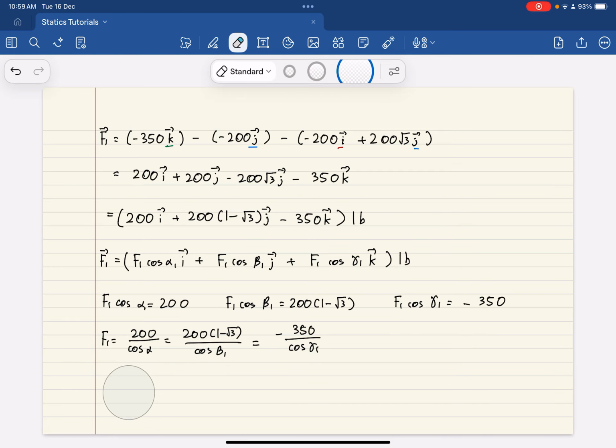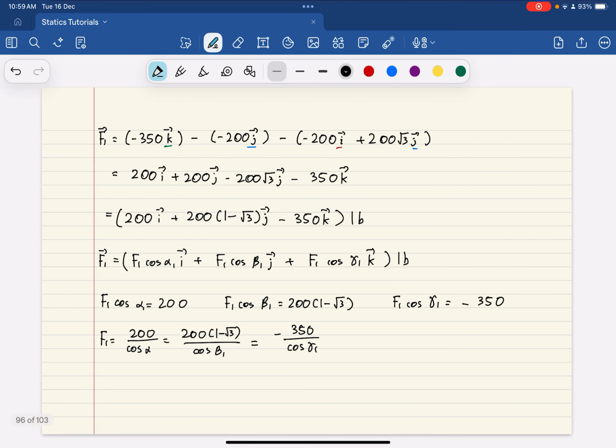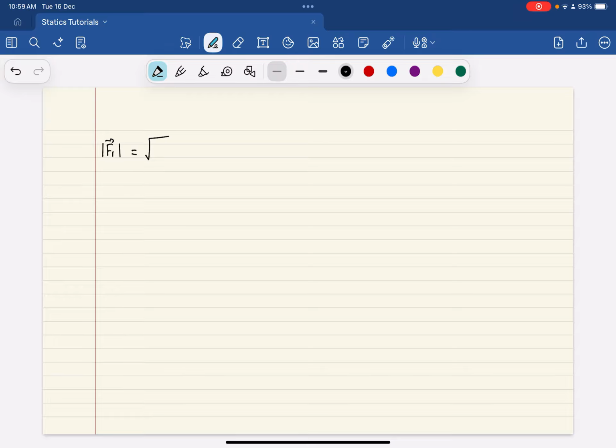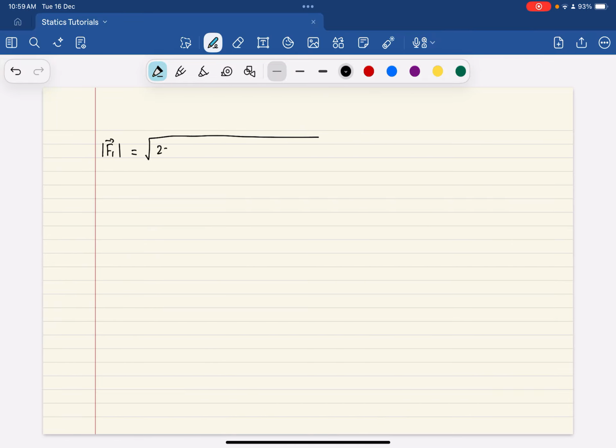And yeah, we know the magnitude of the F1 vector is very simple. It's just simply 200 squared plus 200 minus 200 root 3 squared plus negative 350 squared.